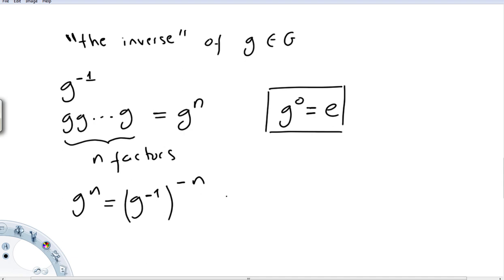Now that we saw this notation, the very familiar laws of exponents hold for groups.